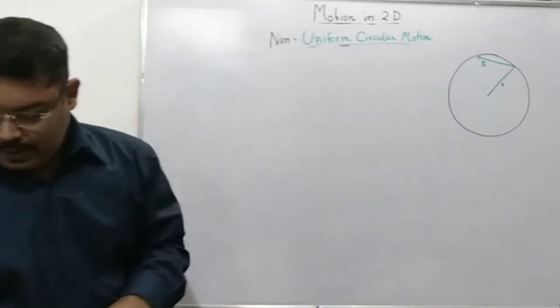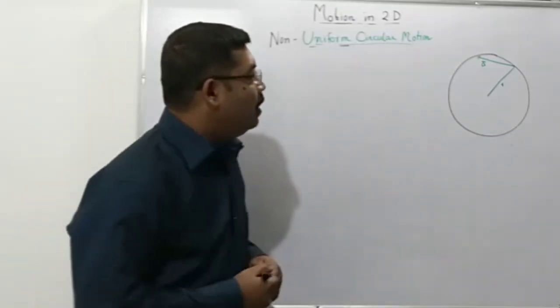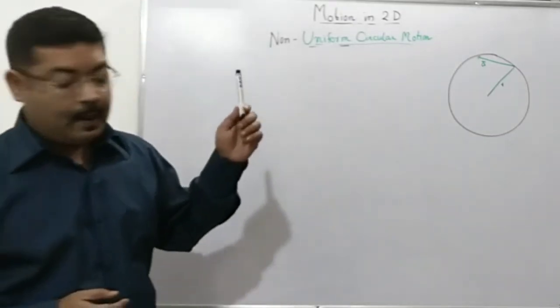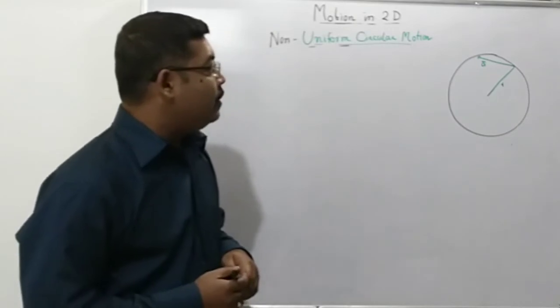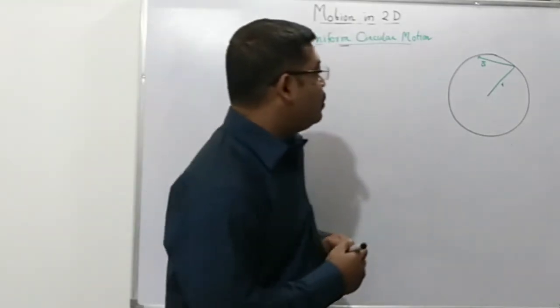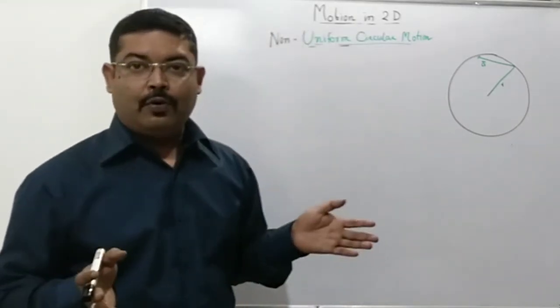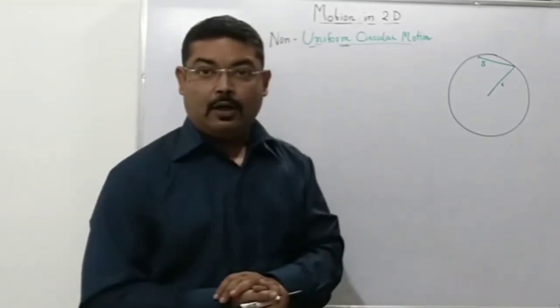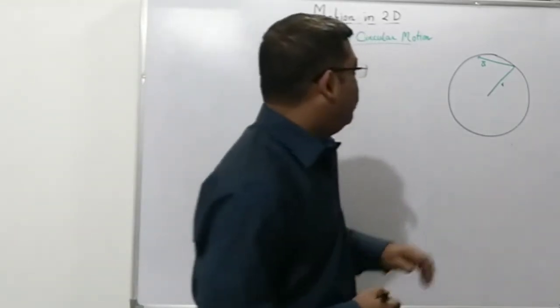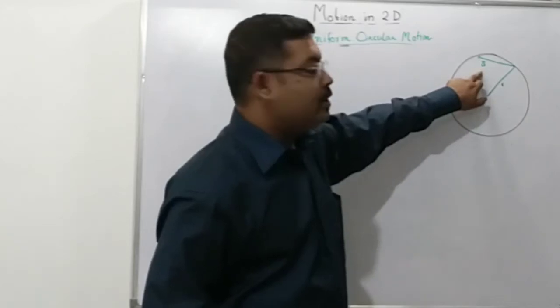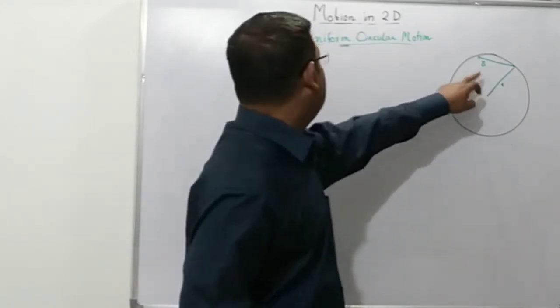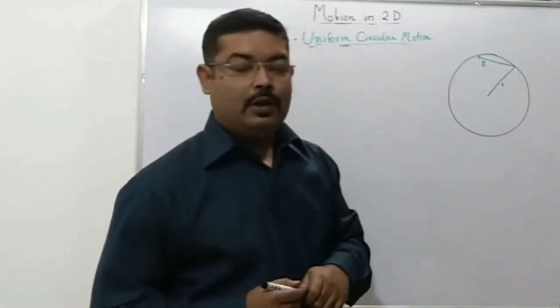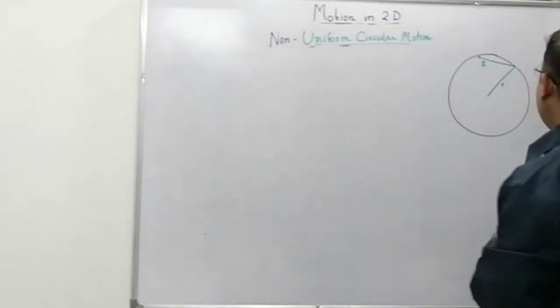If it is so, then we can always resort to resolution of vectors. In resolution of vectors, we can always resolve a vector into different components. If we consider rectangular components, then we can resolve acceleration A, the net acceleration for the non-uniform circular motion, into two mutually perpendicular directions.